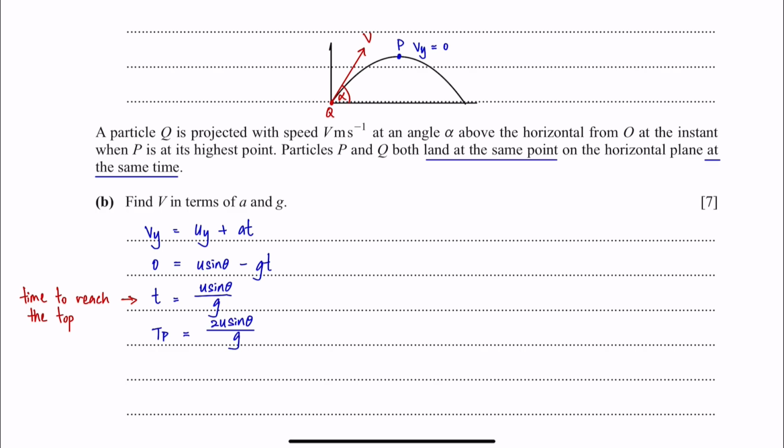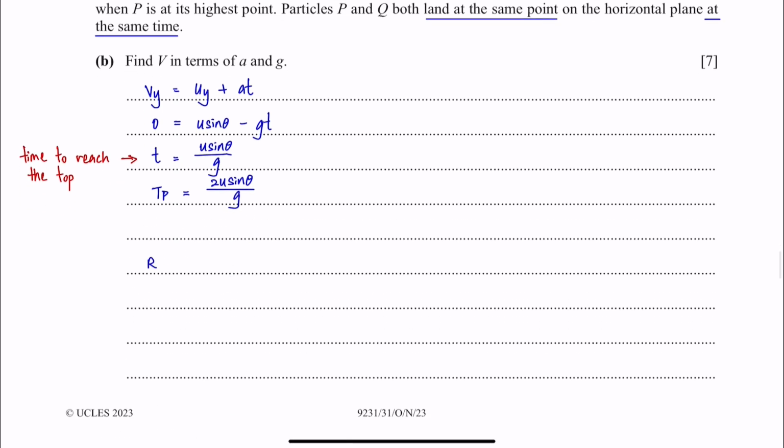Alright, so now we can find the horizontal distance traveled by both Q and P. So let's call this R. R stands for range in this case. So R is the horizontal velocity, which is u cos theta, times the time to travel, which is 2u sine theta over g.